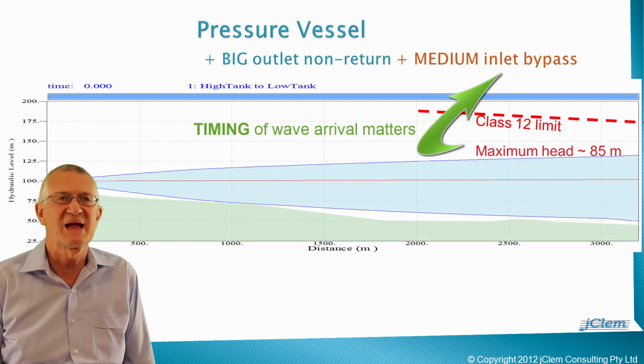However, don't expect a simplistic linear relationship between bypass pipe diameter and maximum surge heads. Remember, we are dealing with a dynamic system where timing of events is relevant. Always do sufficient trial simulations to define the characteristics of your inlet-outlet arrangement.